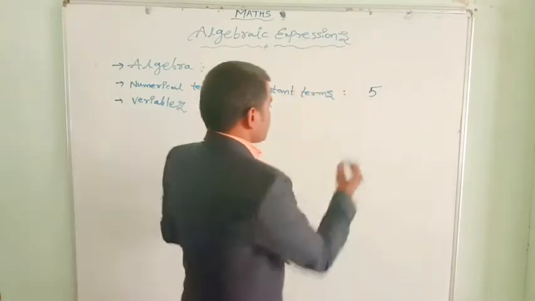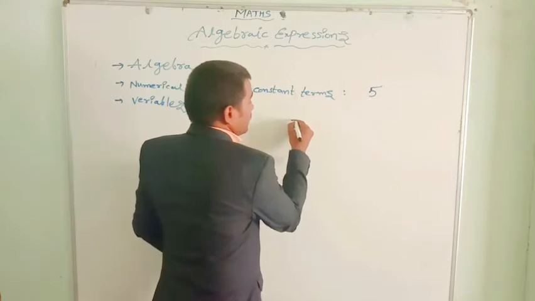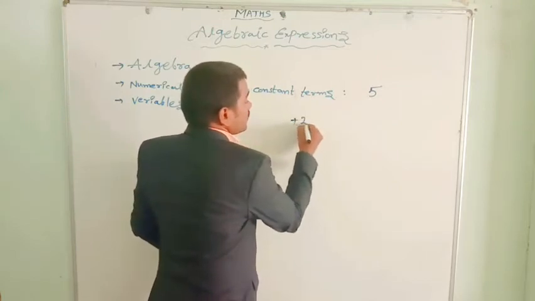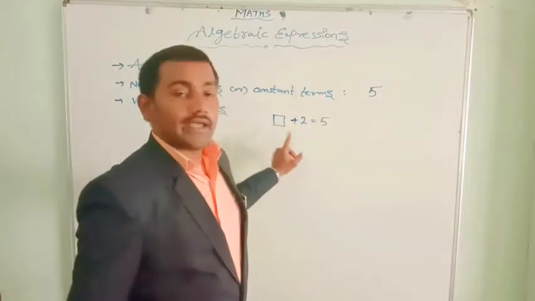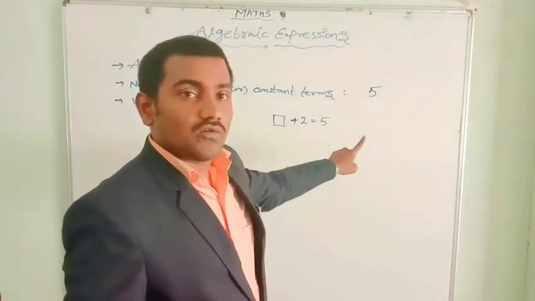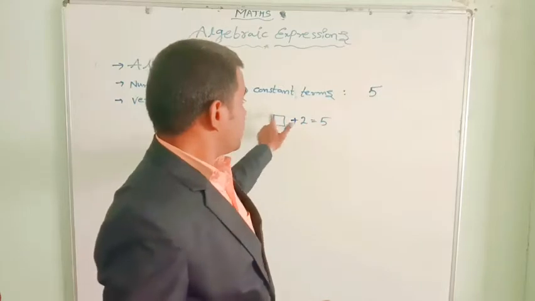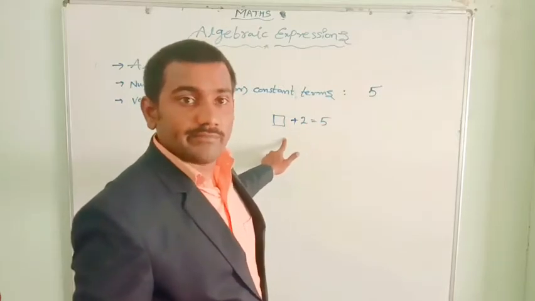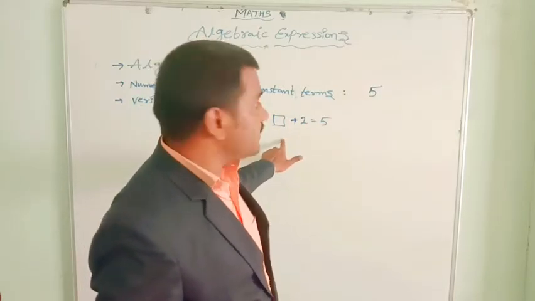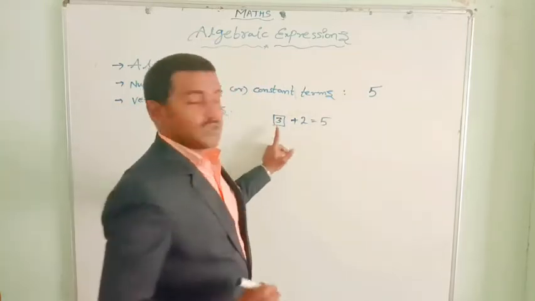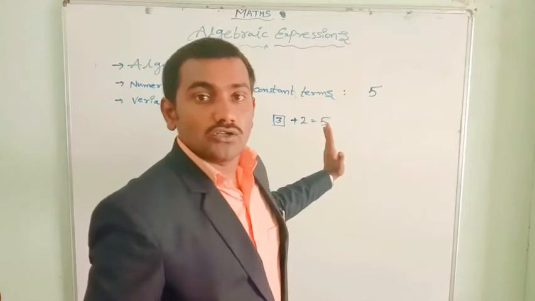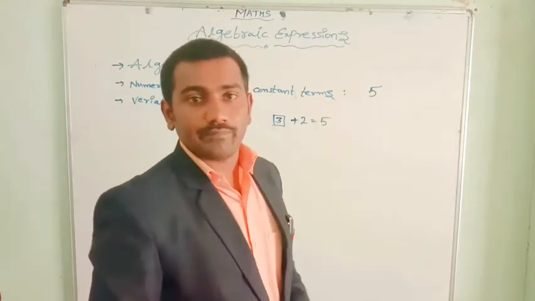Like see here, a box plus 2 equal to 5. Here an empty place. What do we need to add here to get 5 from the 2? If you add 3 to the 2, we get 5.